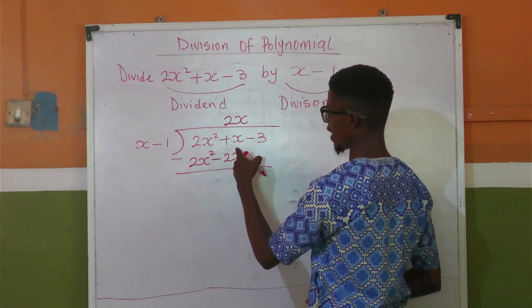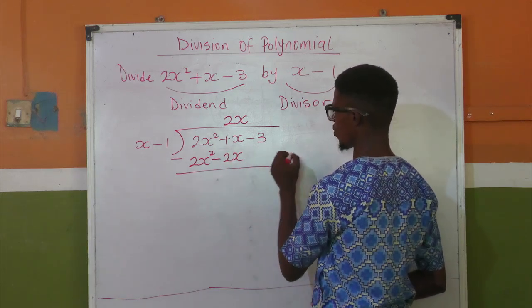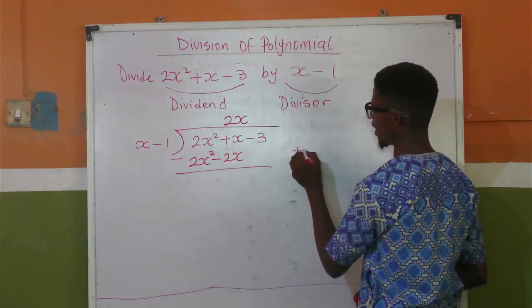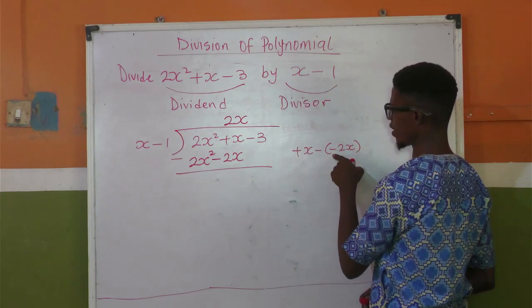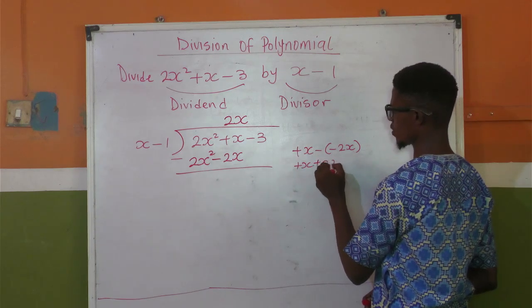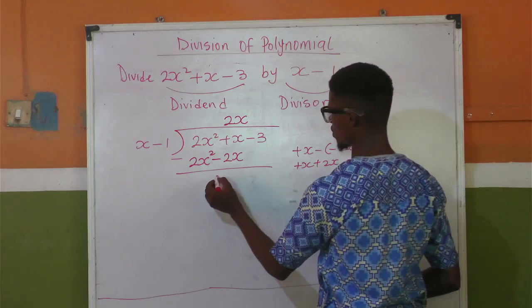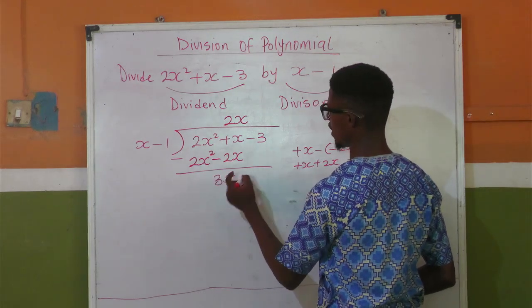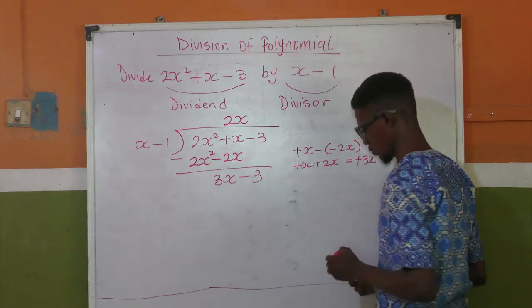So this will become plus x minus minus 2x. And you know that minus times minus will give you a plus. So in this case, this is like plus x plus 2x, which will give us plus 3x. Then the main figure here, we're going to bring it down to become minus 3.